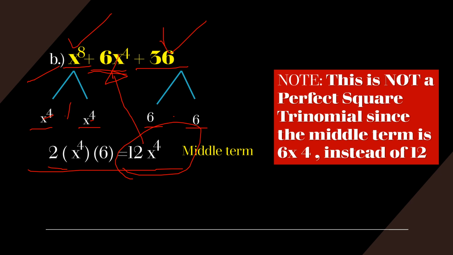So it is not a perfect square trinomial. Even if you put the square of the binomial, x raised to 4 minus 6, it doesn't give the same expression. That is x raised to 8 plus 6x to the 4 plus 36. Okay?